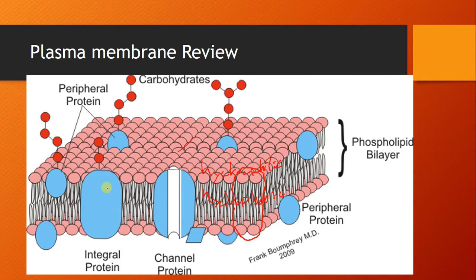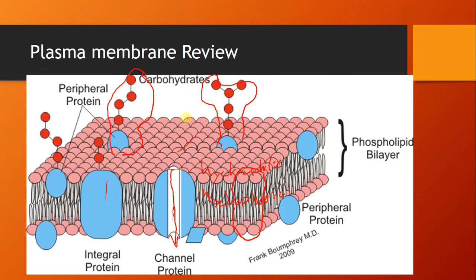They have proteins, integral proteins and peripheral proteins that do special functions, some of which are channel proteins, which passively let different substances too big to diffuse through the membrane through. Some are carrier proteins, which actively pump from one side to the other. And there's a bunch of glycoproteins and glycolipids, these carbohydrate chains stuck onto the plasma membrane proteins that help in cell-to-cell communication and cell recognition.